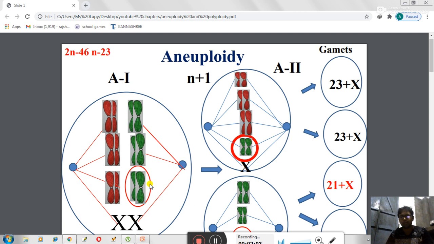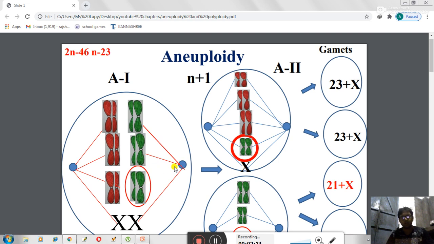As you know, the female egg is arrested up to the diplotene stage of prophase 1, and then after the entry of the sperm into the primary oocyte, the primary oocyte will divide into the secondary oocyte, and the final egg will be developed.